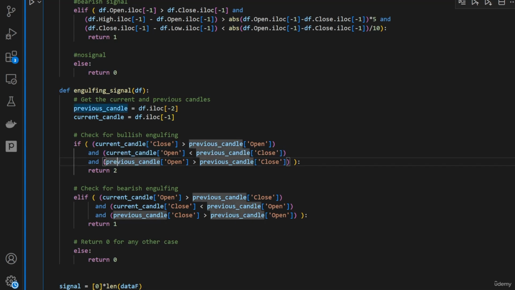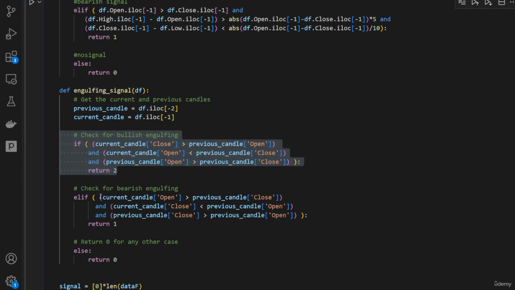So it has to be a red candle followed by the current green candle, and at the same time the opening price of the current candle is below the closing price of the previous candle. This is how we can identify a bullish engulfing signal.